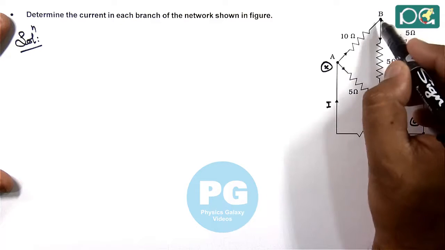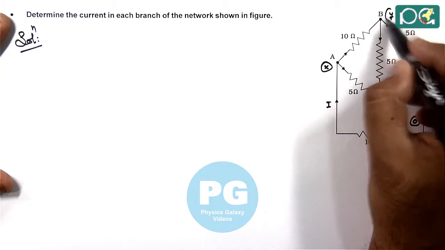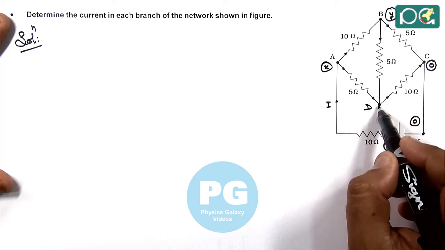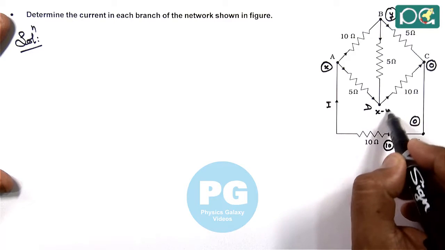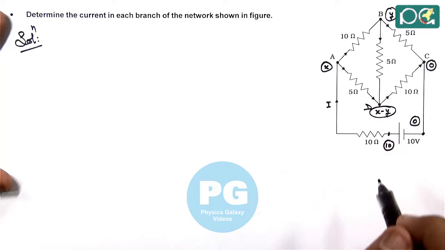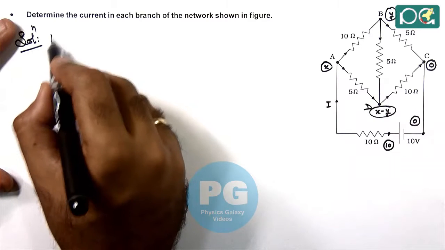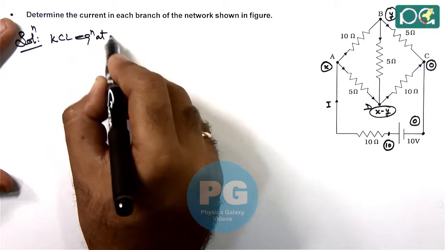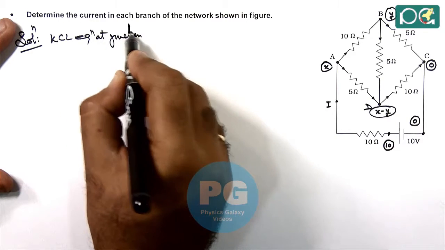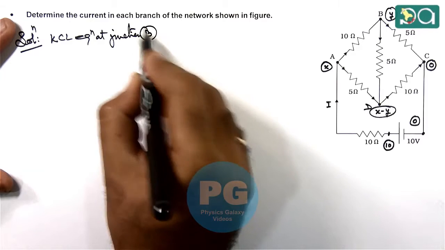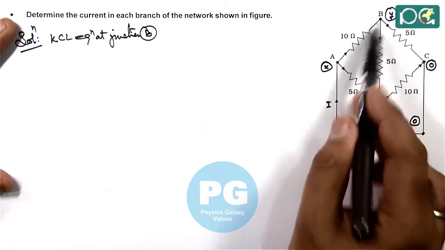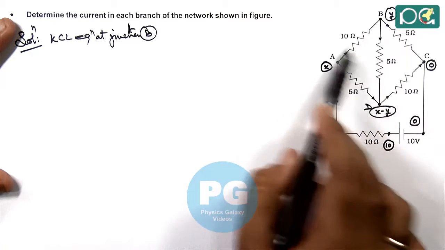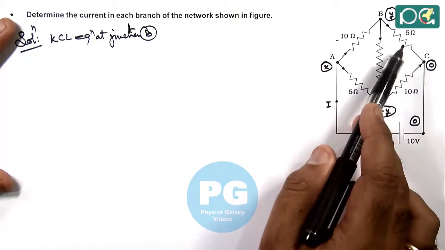By symmetry, we can consider that at point B the potential is Y, and at this point D, the potential we take as X minus Y. So if we write the KCL equation at junction B, there are 3 wires connected, so the sum of all 3 currents flowing in these 3 resistances must be 0.